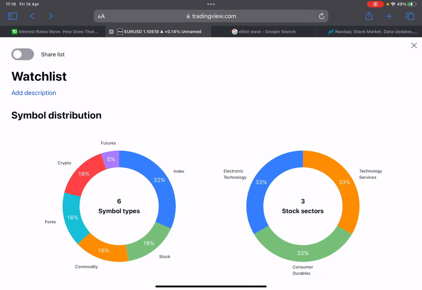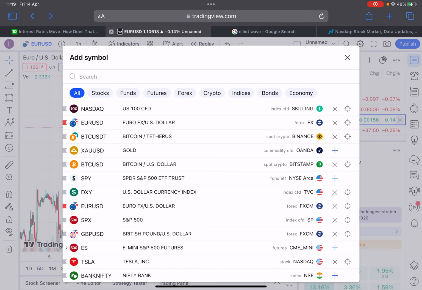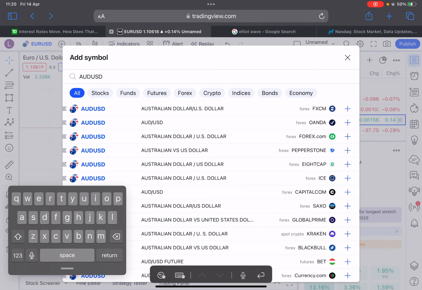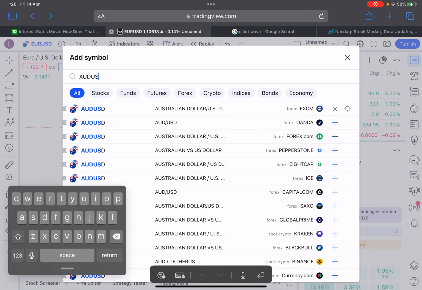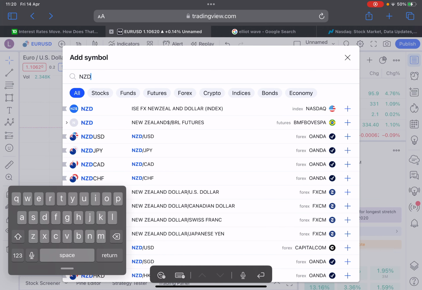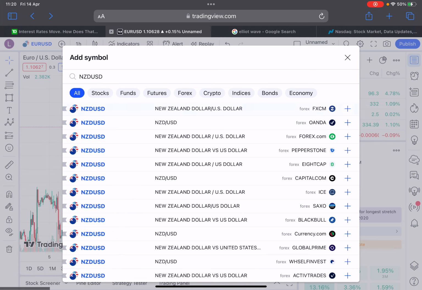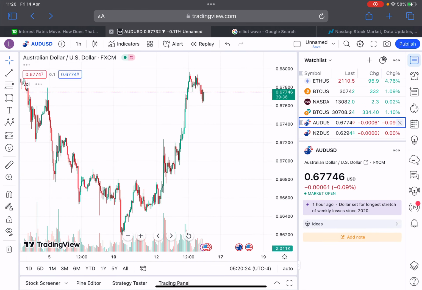Let's analyze NZD USD or AUD USD, and then we'll proceed after with NZD USD. So yeah, this is NZD USD. Let's start with AUD USD.